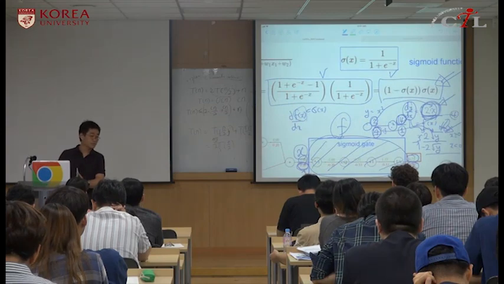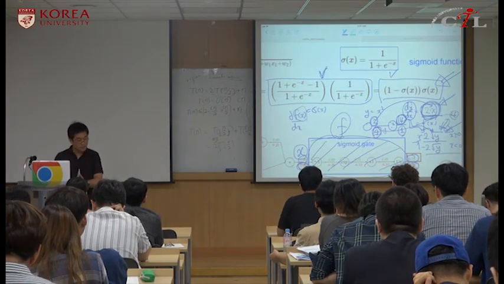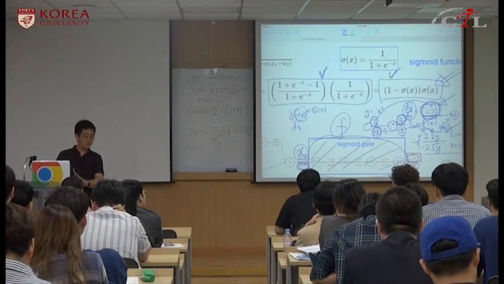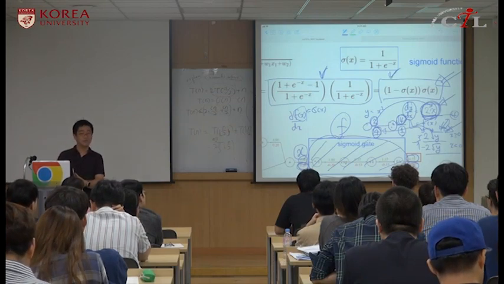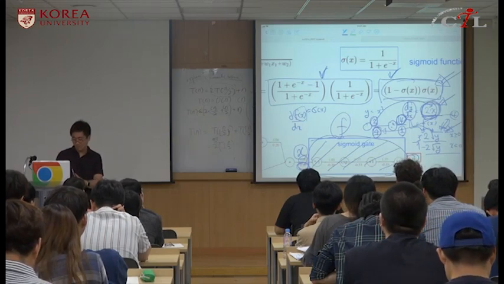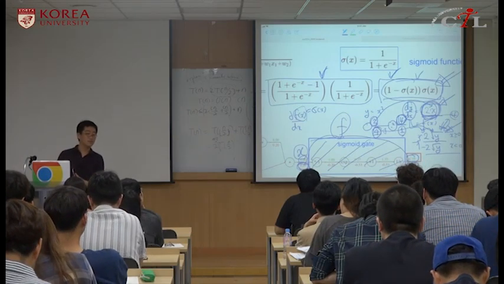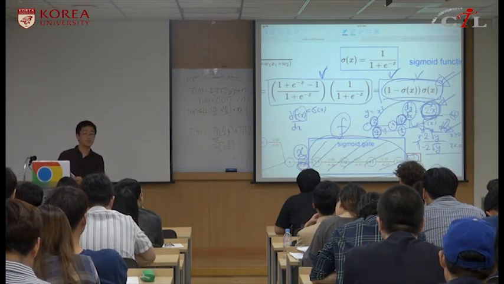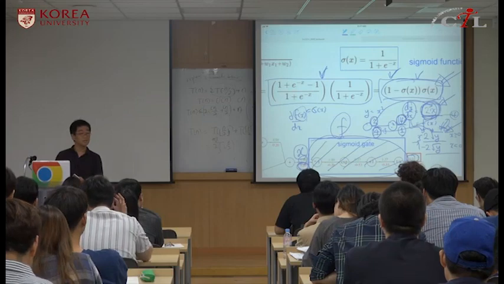So in this particular sigmoid function, between this representation and this representation, which one is simpler? This is simpler, okay? So we typically use this representation in order to compute our gradient for the sigmoid function.